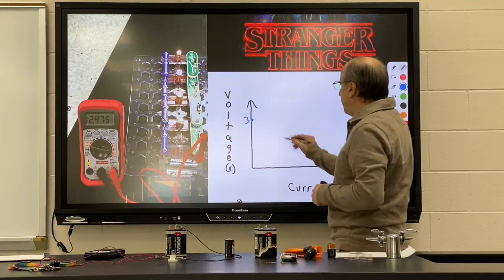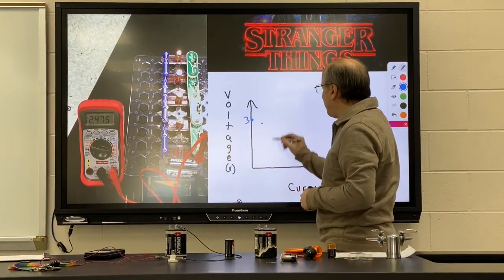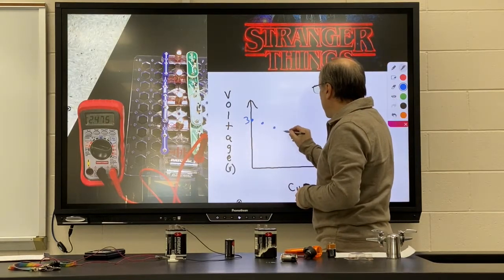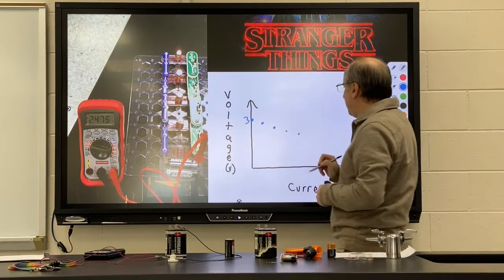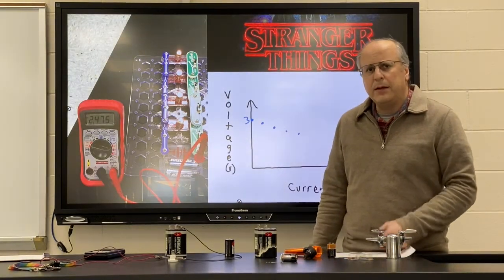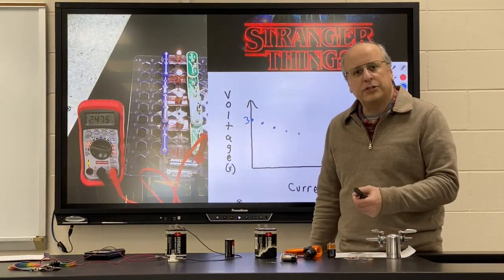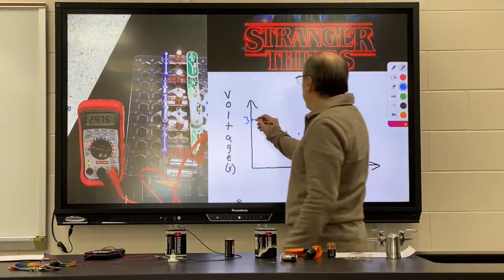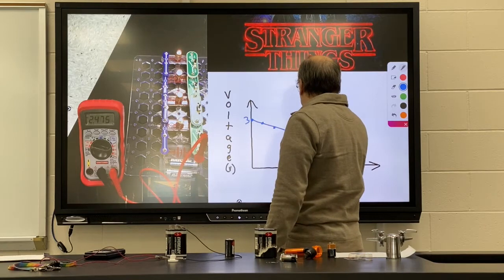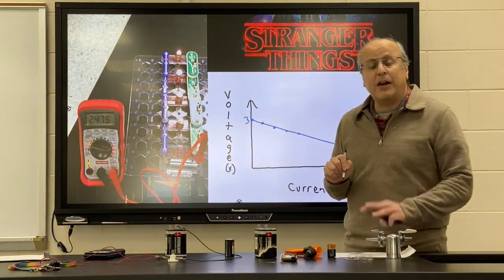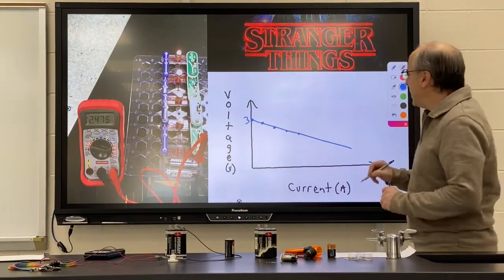When we took a little bit of current, we saw the voltage drop a little tiny bit. And when we added another and another and another light bulb, we got more current coming out of our battery, but somehow the voltage of the battery seemed to be decreasing. This actually forms a linear relationship. And in this linear relationship, there are 3 very important ideas you want to get from the graph.